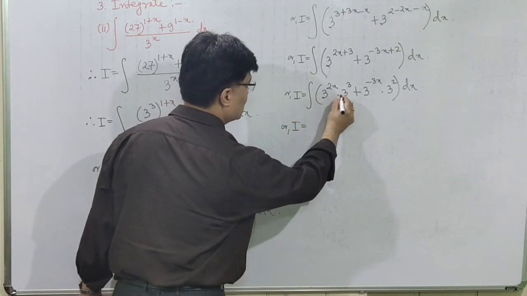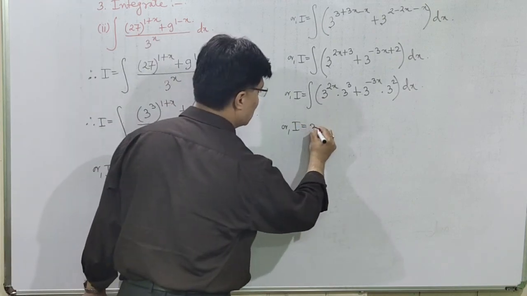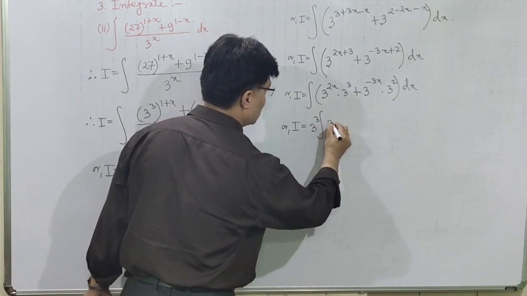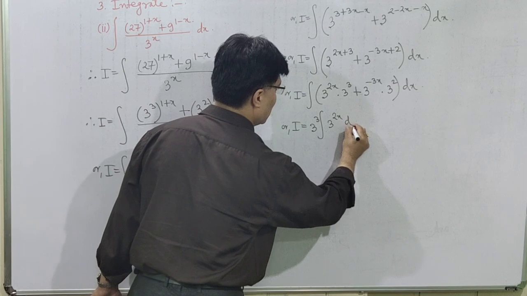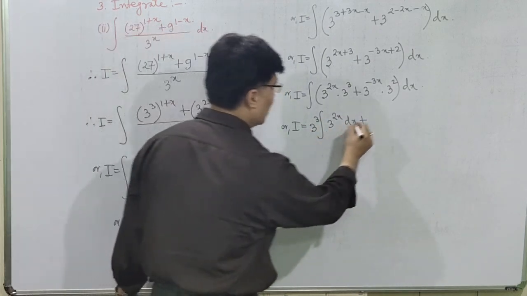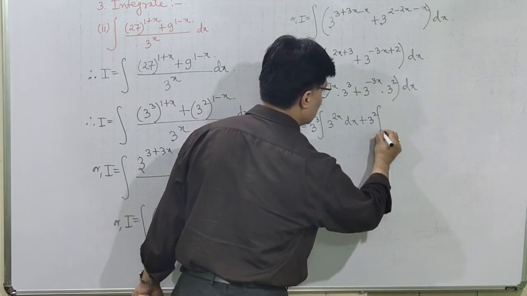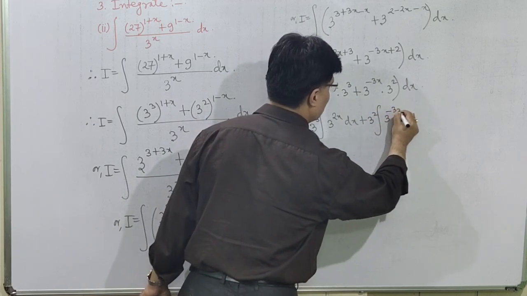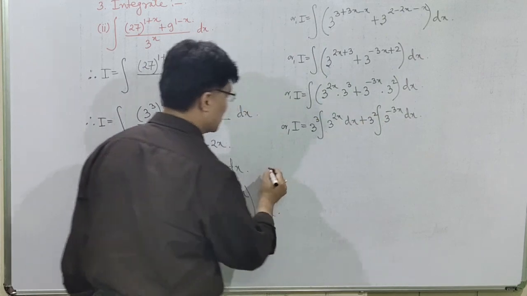So I is equal to this 3 cube is constant, taken outside, integration of 3 to the power 2x dx plus here also 3 square is constant, integration of 3 to the power minus 3x dx, right?